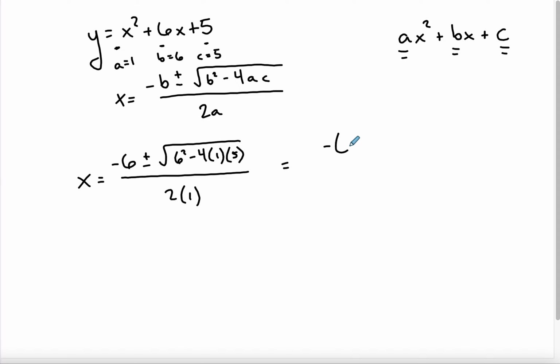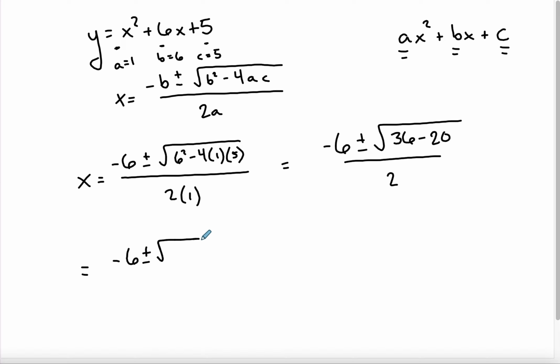We get negative 6 plus or minus the square root of 36 minus 20 divided by 2. This leaves us with negative 6 plus or minus the square root of 16 over 2, or negative 6 plus or minus 4 over 2.